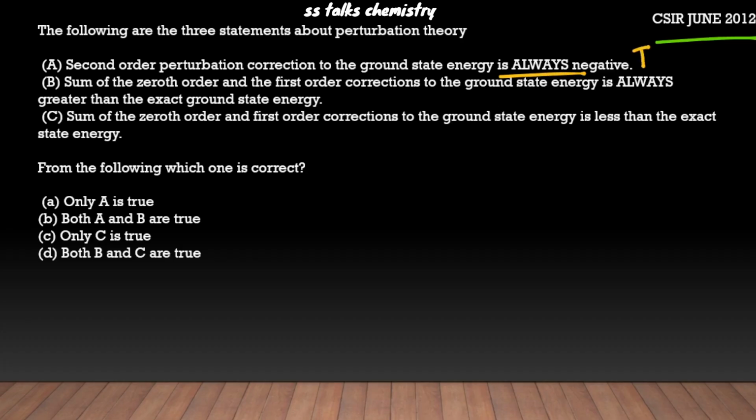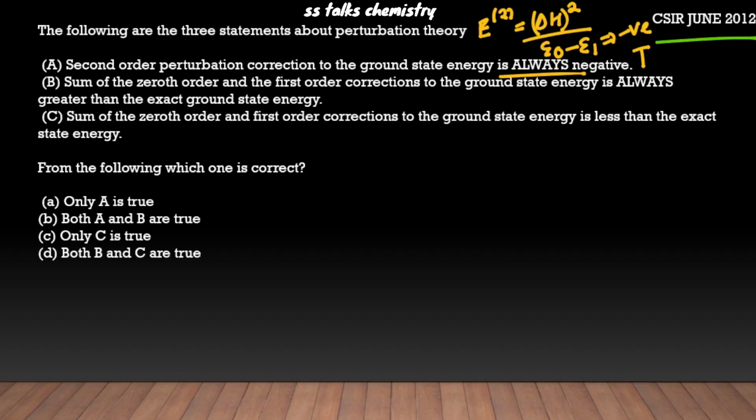This statement is the true one, because in this correction to the energy of the second order, we have seen that you apply this perturbation, delta H, squared, and in the denominator, from the ground state energy you subtract the energy of the higher states. This denominator value comes out to be negative, no matter whether the perturbation is positive or negative. So A is my correct statement.